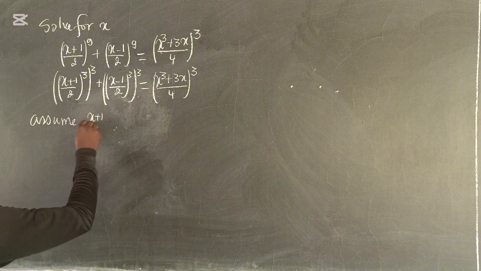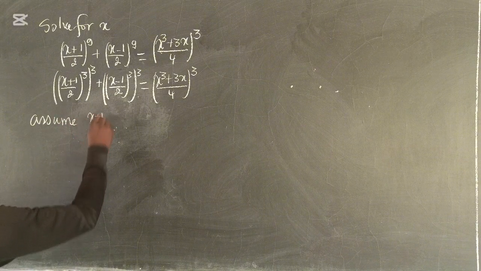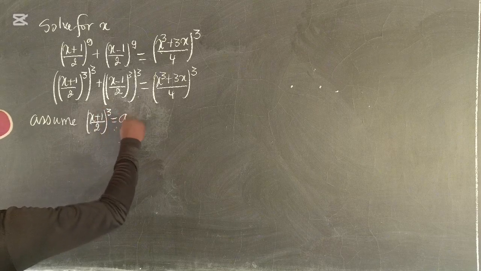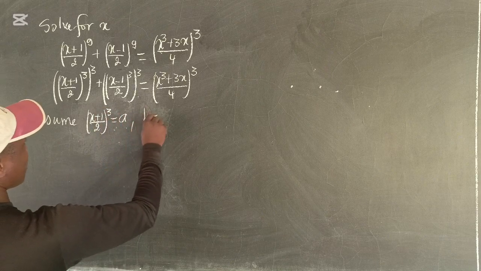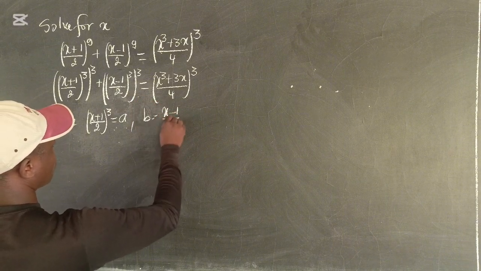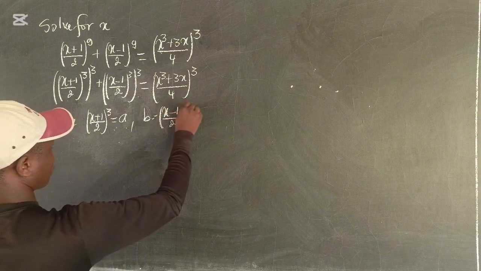Let a be equal to x plus 1 over 2 power 3, and b be equal to x minus 1 over 2 power 3.